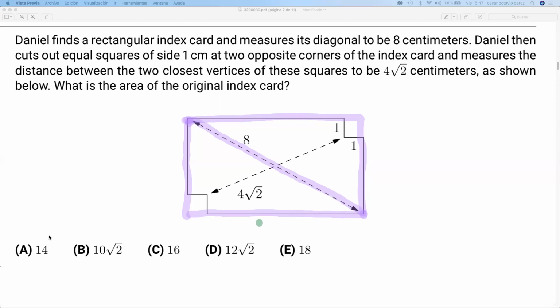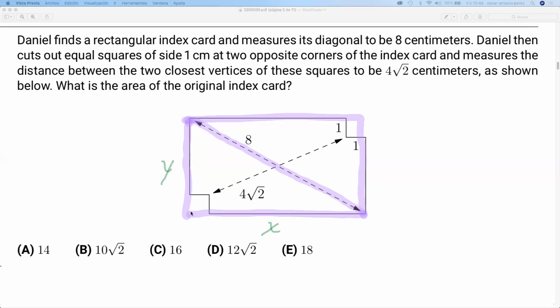For example, X, Y, A, B. What do you prefer? X, Y. Okay, X here and Y here. We have here a right triangle.